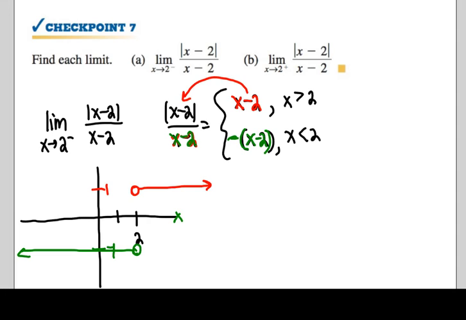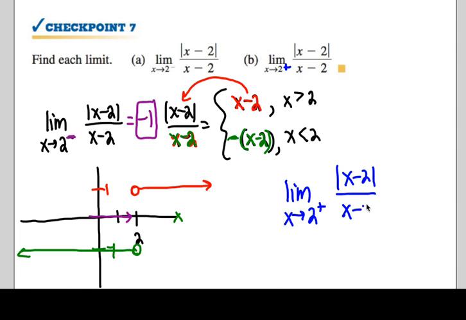So as x approaches 2 from the left, I'm approaching -1. As x approaches 2 from the right, the limit of this function gives us a +1.